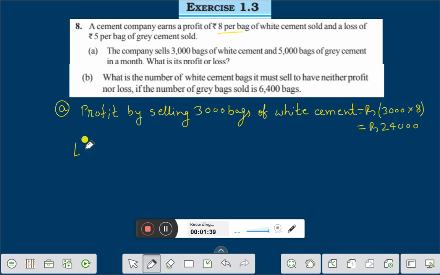Now loss by selling 5000 bags of grey cement.